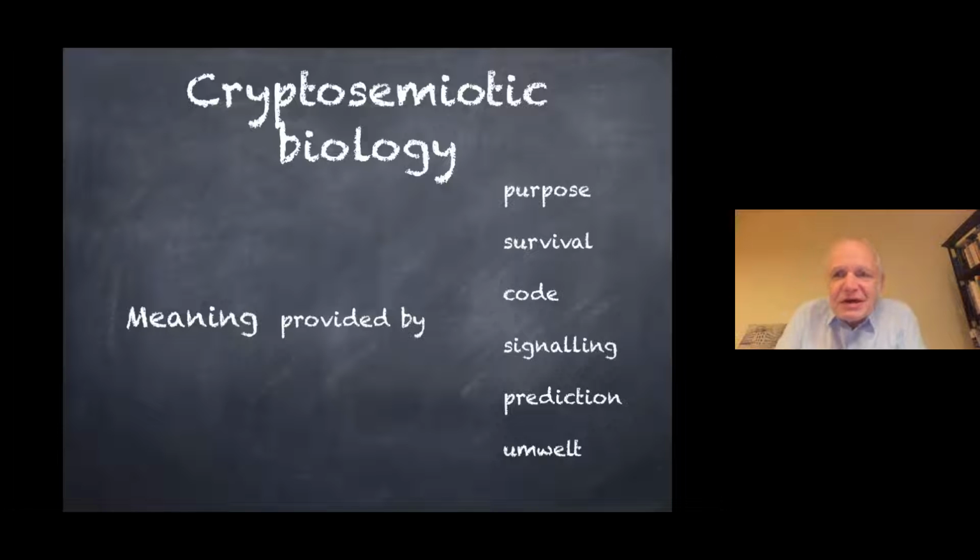These differ by the way how meaning comes in, via which process it is introduced. So, meaning has been provided either by purpose, by survival, by code, by signaling, by prediction, or by Umwelt. Now, let us look briefly into each of these.